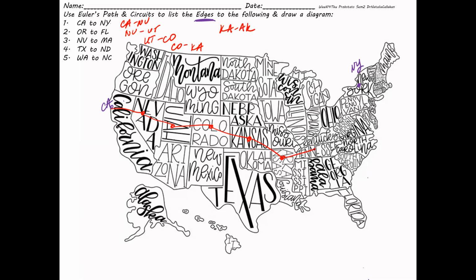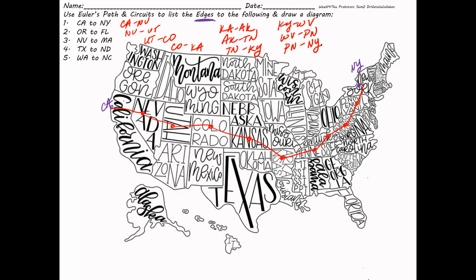From Arkansas, I can go to Tennessee. From Tennessee, I can go to Kentucky. From Kentucky, I can go to West Virginia. From West Virginia, go to Pennsylvania. And then from Pennsylvania, boom, to New York.